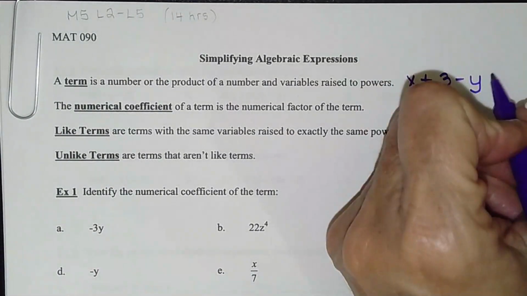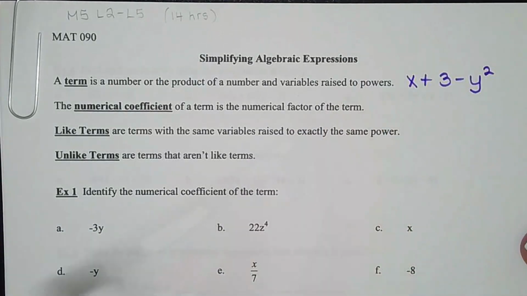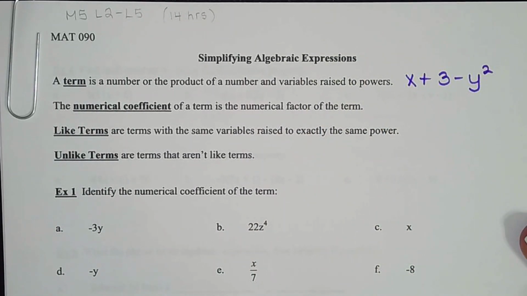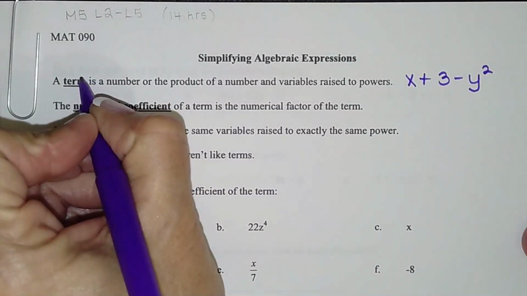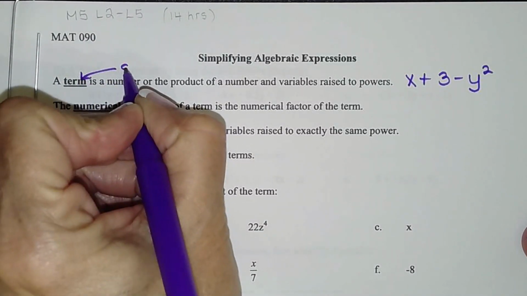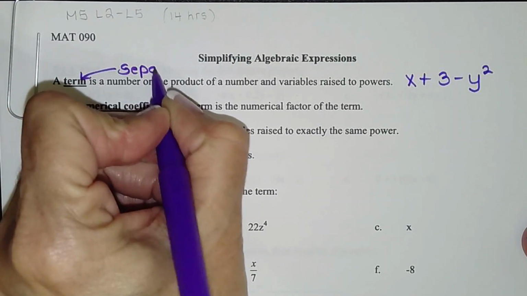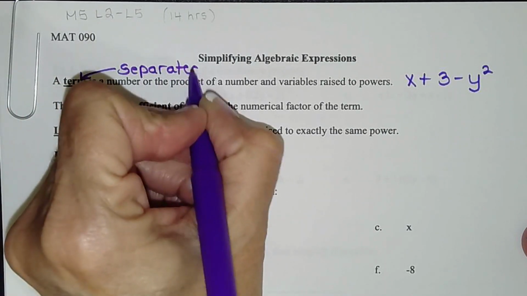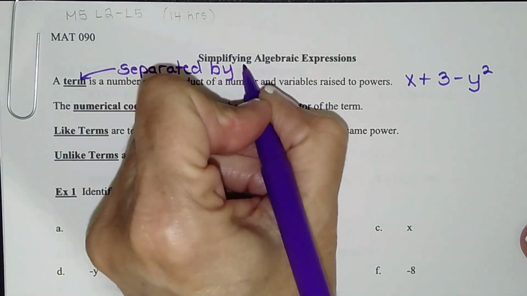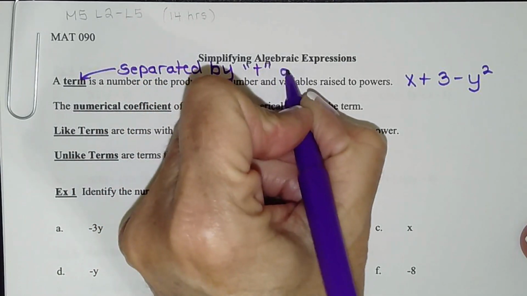Well, let's make this y squared just so we have a power there too. So terms are things separated by addition and subtraction signs, so plus and minus.